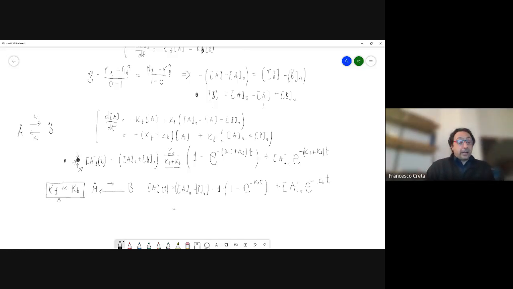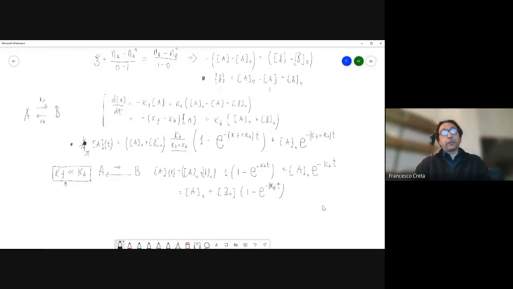So we can write down an expression for A, which at the end of the day is simply the initial value plus B0 times (1 minus e to the minus KB t). So what do we learn from this?